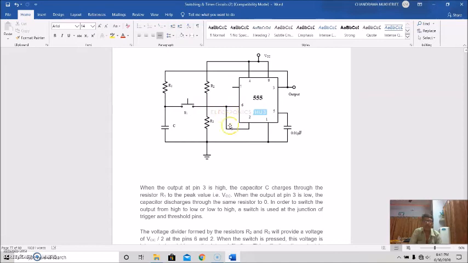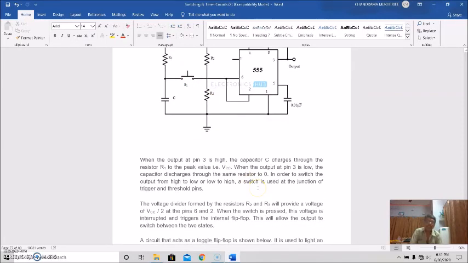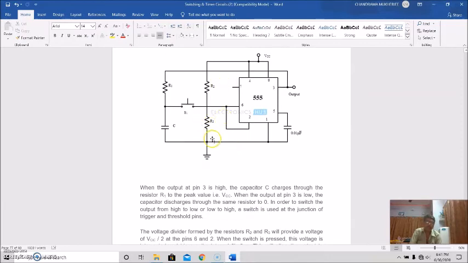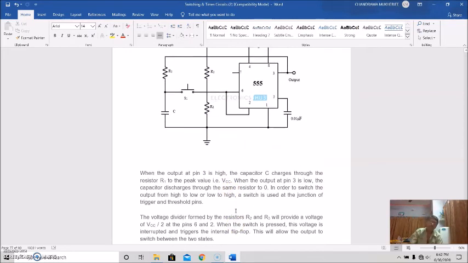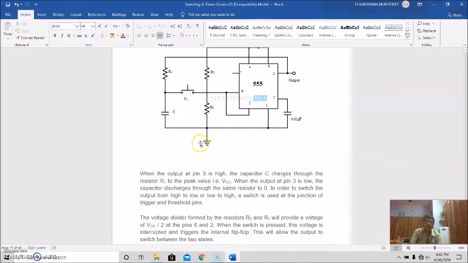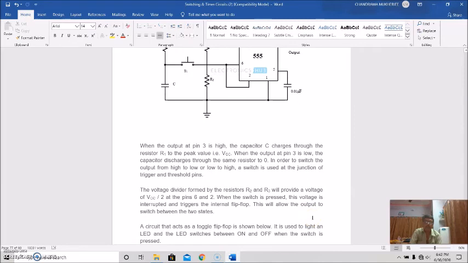This is the junction, this is trigger and this is threshold. The voltage divider formed by R2 and R3 will provide a voltage of VCC by 2 at pins 6 and 2. When the switch is pressed, the voltage is interrupted and triggers the internal flip-flop.